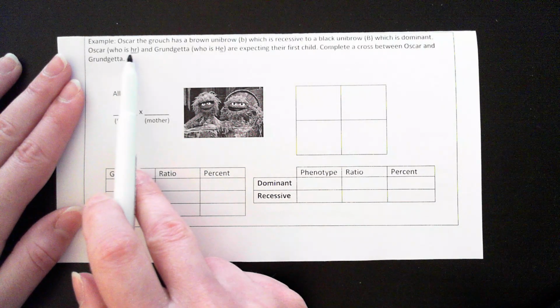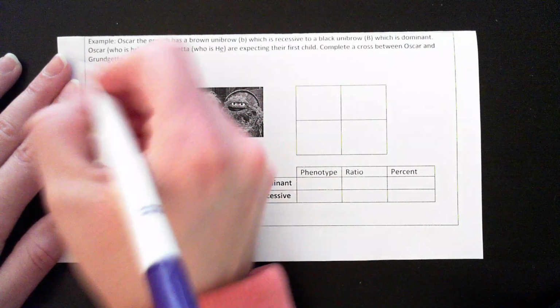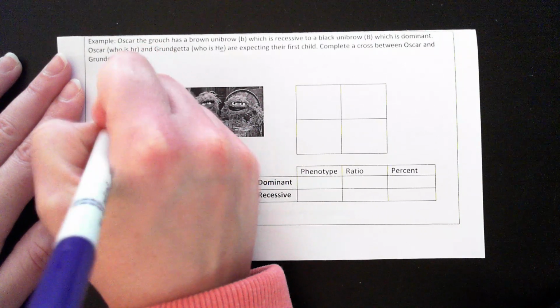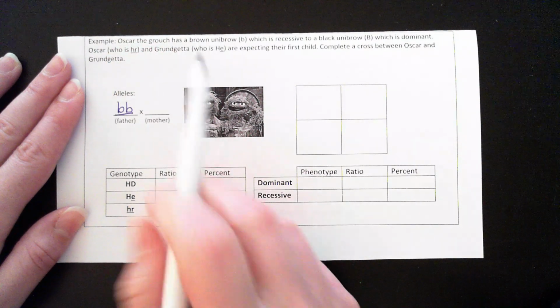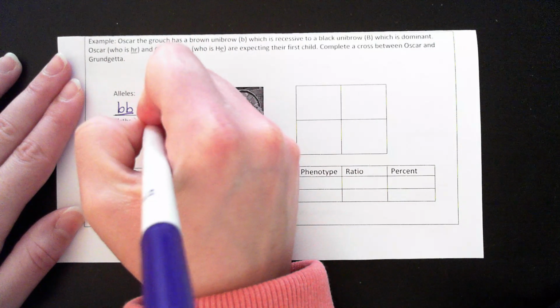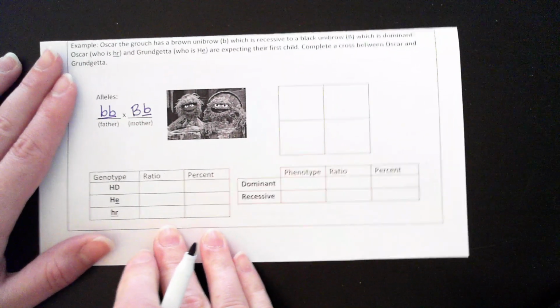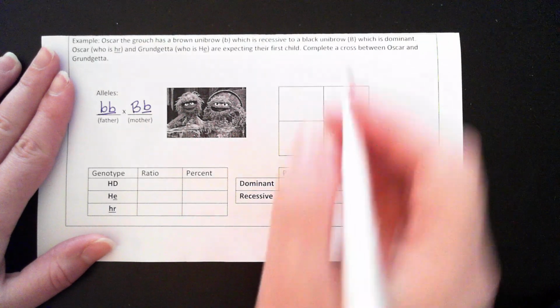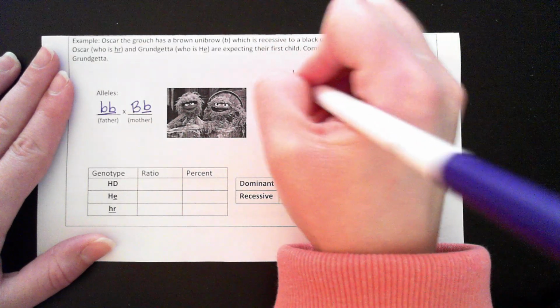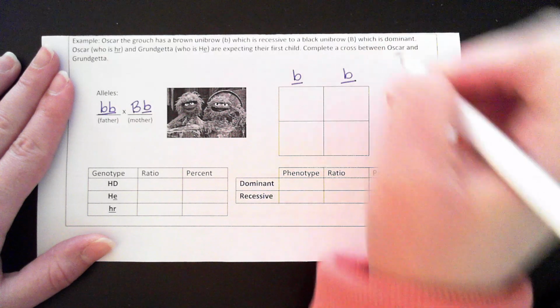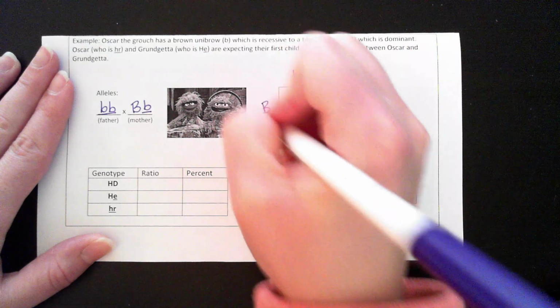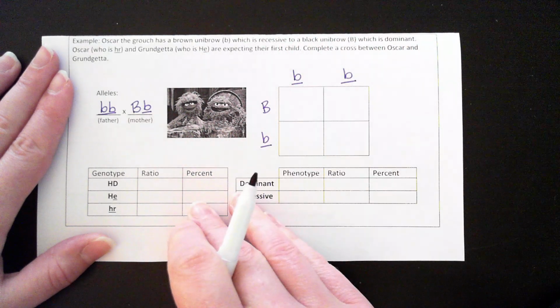So Oscar is HR, that means he's going to be lowercase, lowercase. And Grangetta is uppercase, lowercase. We're going to put them around the Punnett square. So Oscar, I'm putting at the top of the box, and Grangetta, I'm putting on the side of the box.